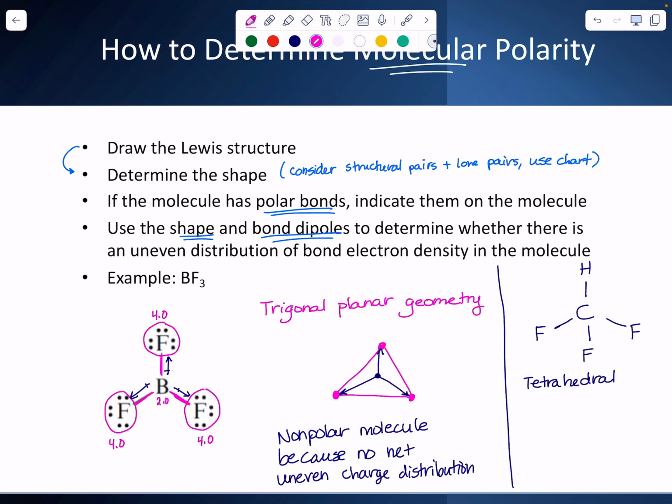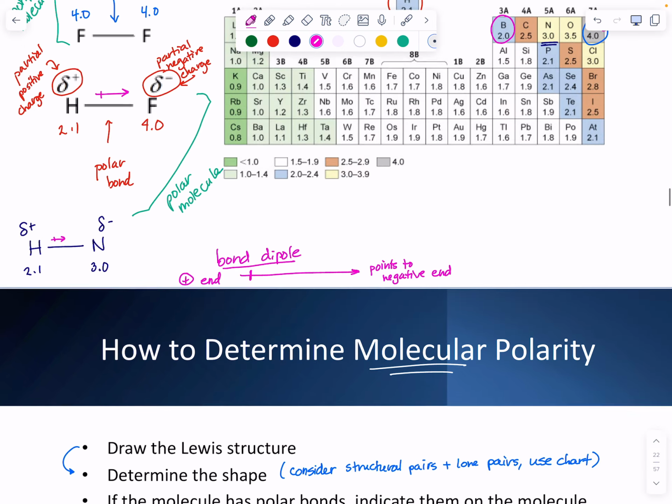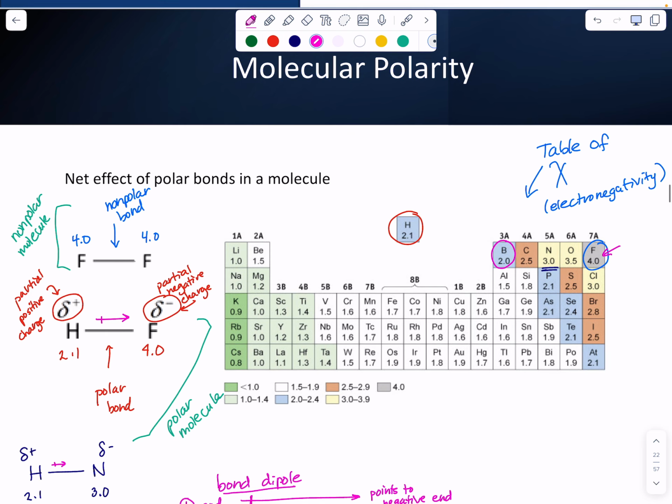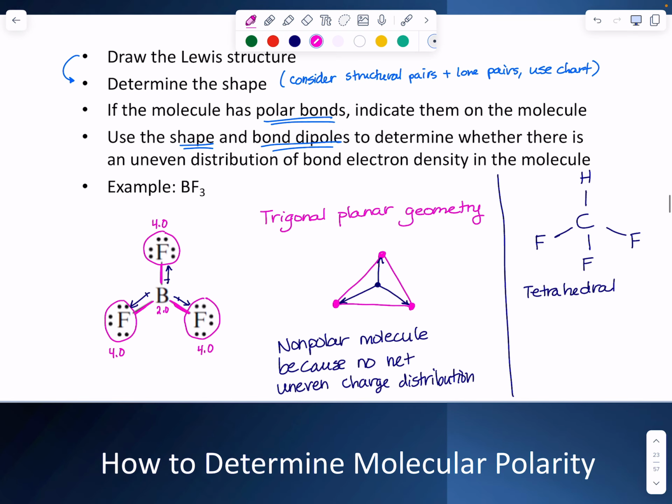All right, carbon has an electronegativity of 2.5, hydrogen's 2.1, and our fluorine is 4. So these bonds are definitely polar, towards the fluorine.